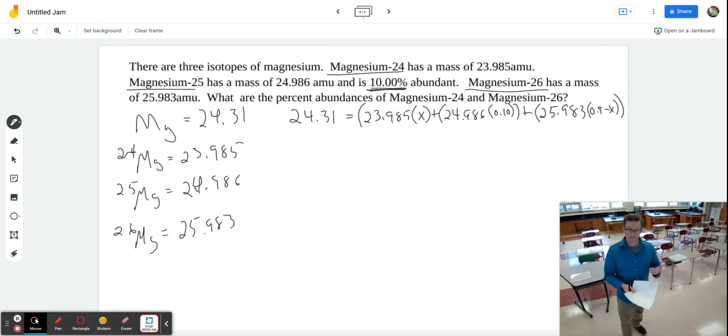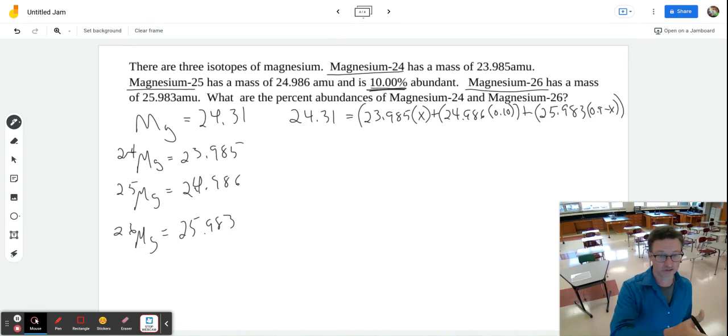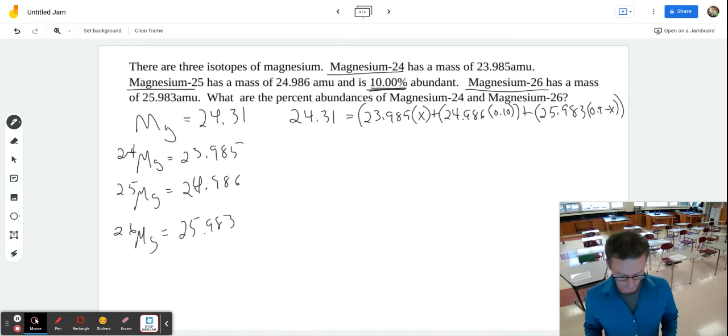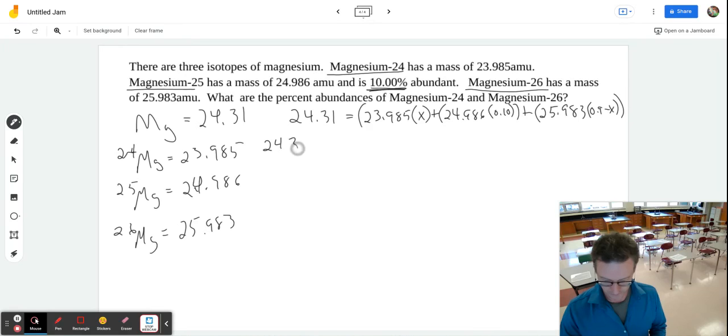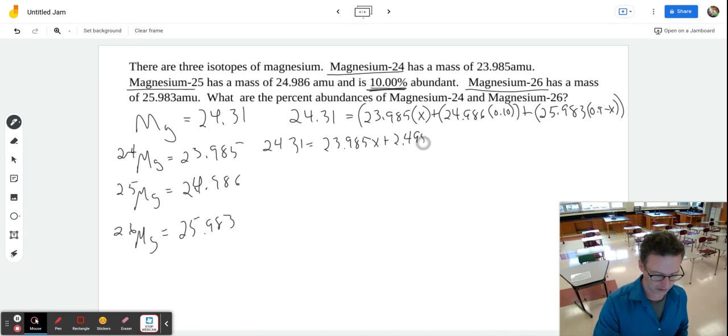So from here, it's just like what we did in the last problem. And again, the formula we're using is the same as every one of these problems. Average atomic mass equals the mass of each isotope times its percent abundance, all added together. So let's walk through this. 24.31 equals 23.985x plus 2.4986.